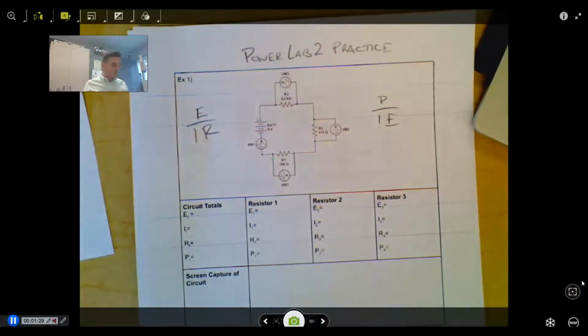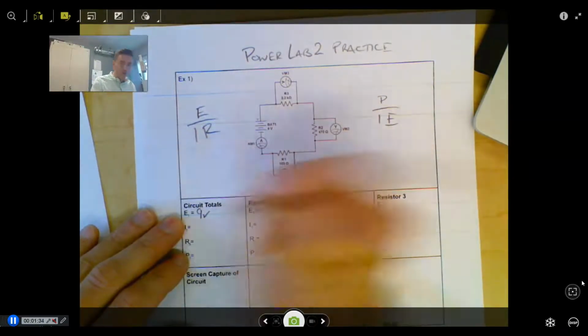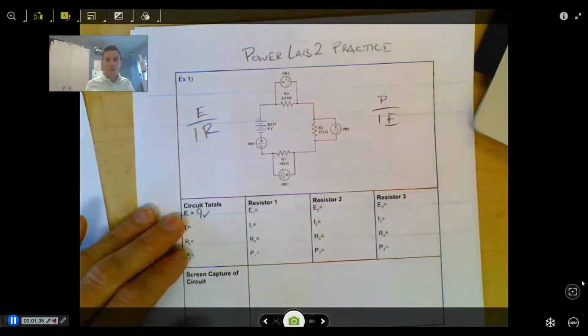So we know in this case that our voltage total is 9 volts. I'm pretty sure that's true for all of these examples.